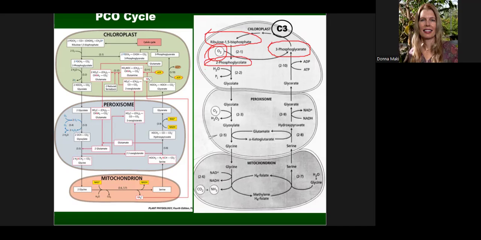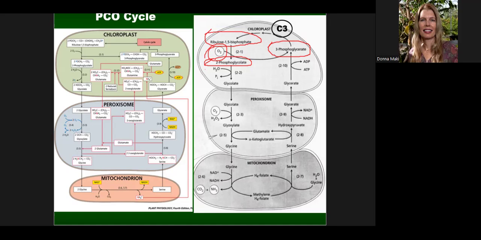So that's where the plant's like, this 2-carbon phosphoglycolate, I can't do anything with that in my C3 cycle. I don't have the capability. I have to send it into the PCO cycle. So you can see this reaction pathway: phosphoglycolate goes to glycolate, moves to the peroxisome, shifts to glycine, moves out of there, goes to the mitochondria.